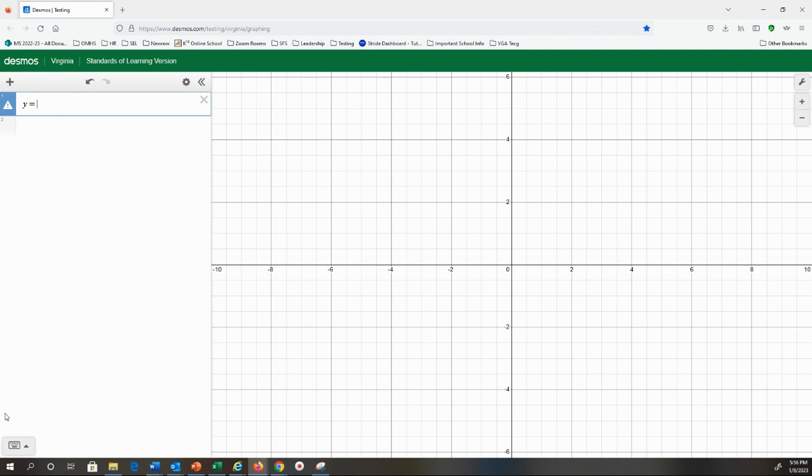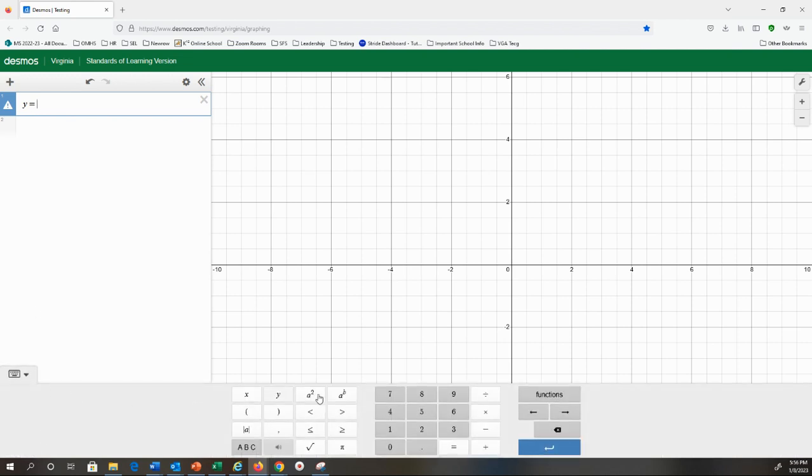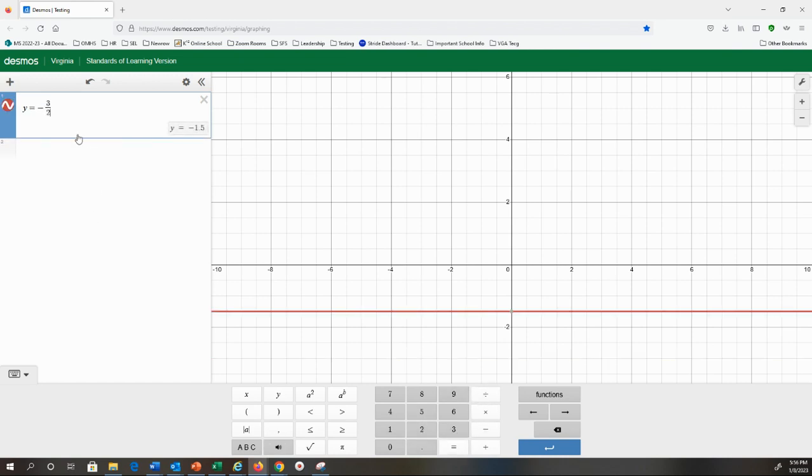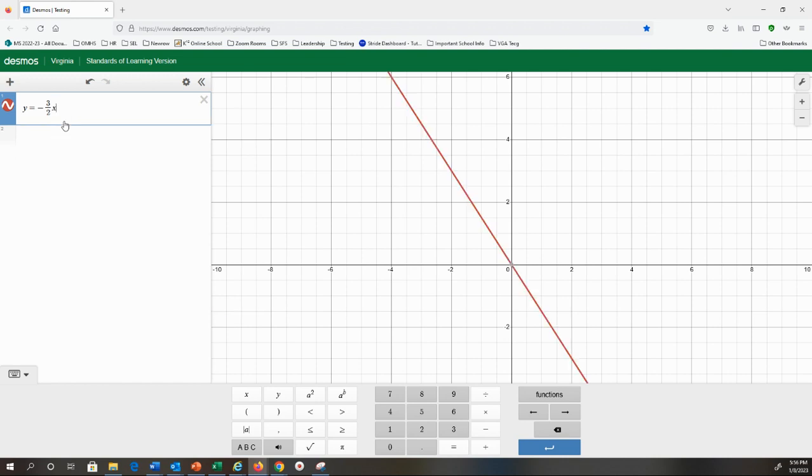You can either use your keyboard or you can come down here and click the calculator's keyboard. I'll do the negative 3 divided by 2 for the fraction. Make sure you arrow over to put the x. If you didn't arrow over, the x would have been stuck in the denominator. So you want to make sure to put the x where it needs to be.